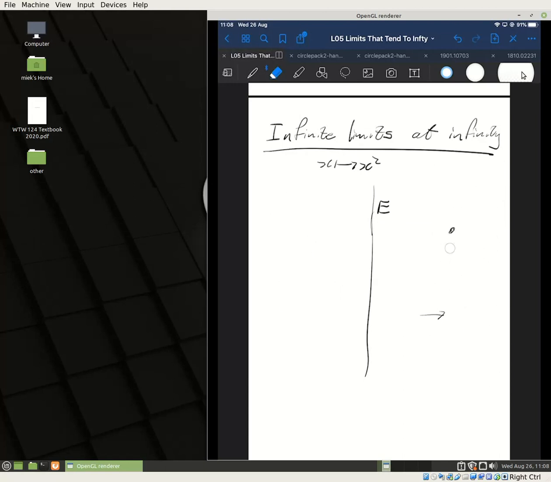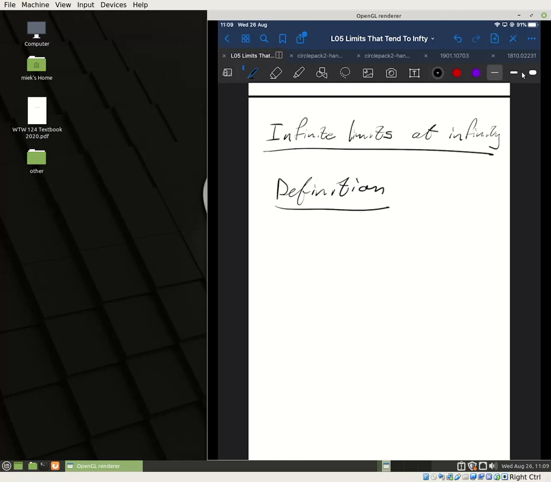Okay, so let us use that idea to write down the rigorous definition of infinite limits at infinity. Definition: let f be some function from a to infinity, mapping into the real numbers, where a is of course some real number.